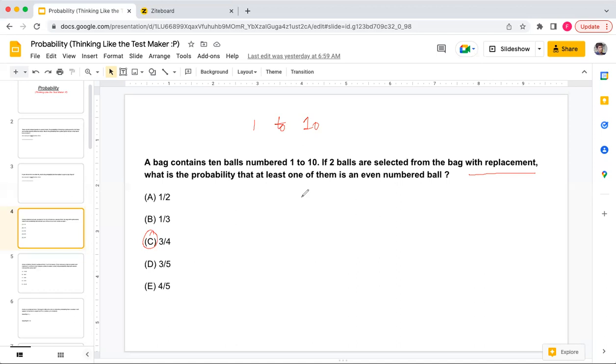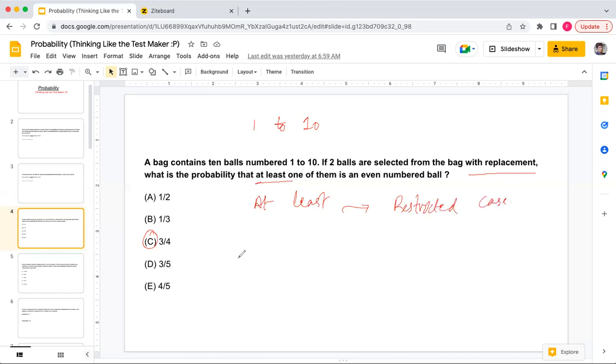Okay, so how can we do this? Yes, the answer is 3/4. We are selecting 2 balls with replacement and at least one of them. Now see, there's an at least case. Whenever you see an at least case, in most cases, go for the restricted case.